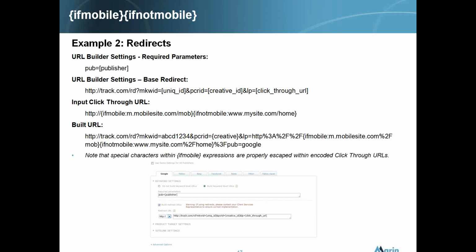A note here, any special characters within the ifmobile, ifnotmobile will be properly escaped within the encoded click-through URL. So it'll be fine if you have the backslashes or anything like that. That'll be properly encoded.